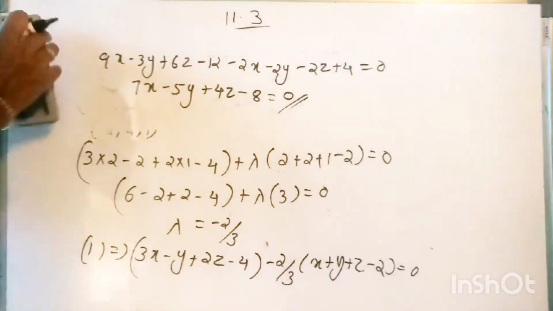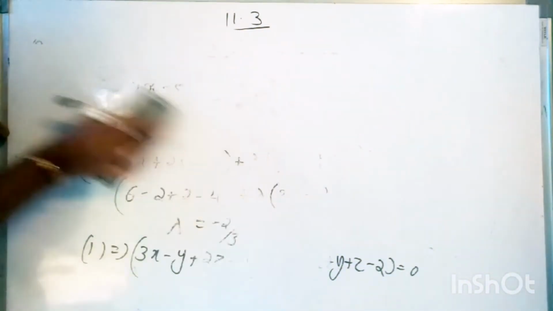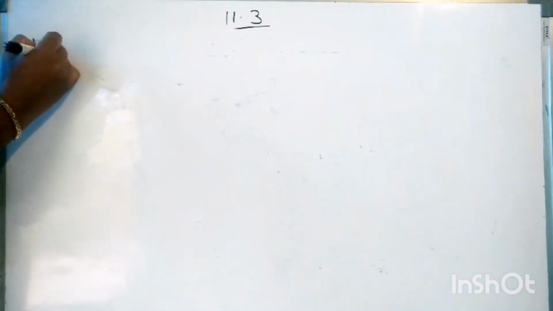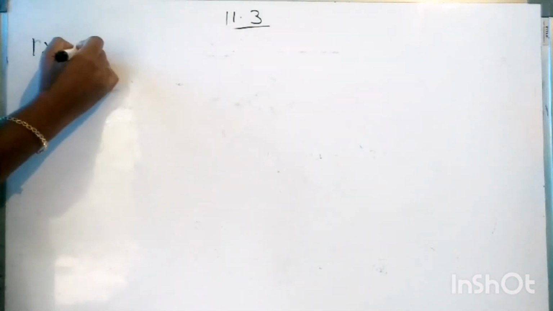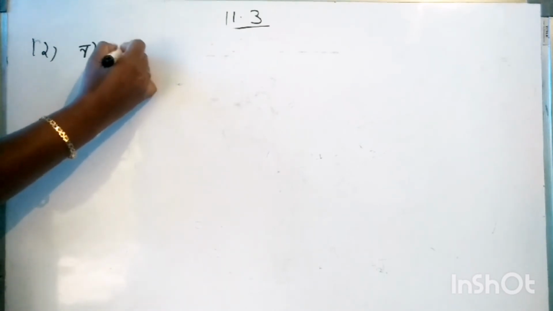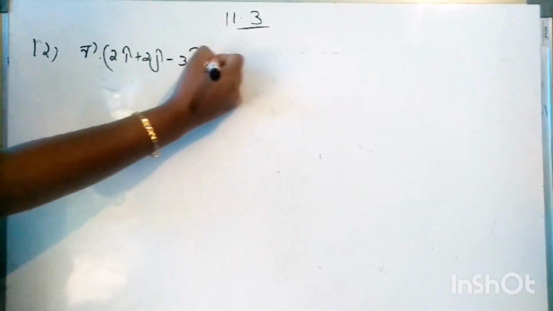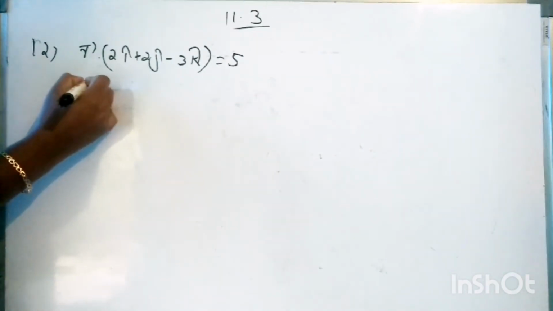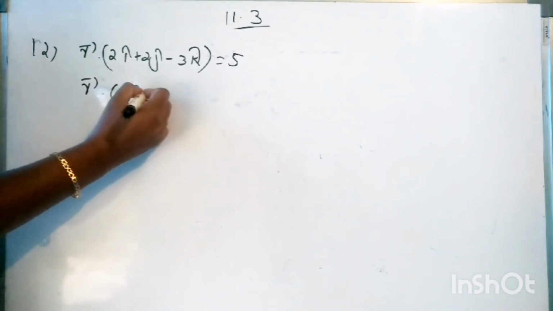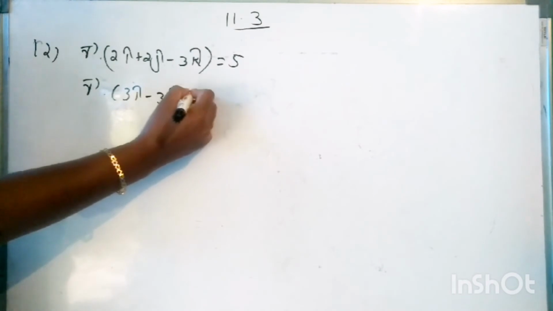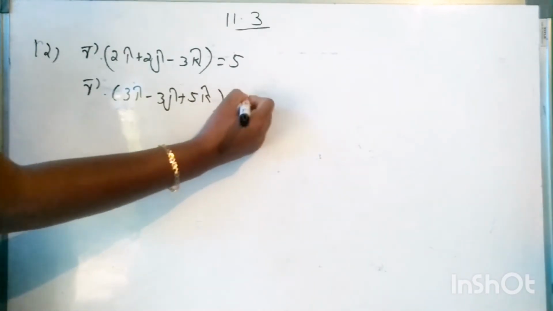We need to find out the angle between the given planes. The given equation is r vector dot 2i plus 2j minus 3k is equal to 5 and r vector dot 3i minus 3j plus 5k is equal to 3.